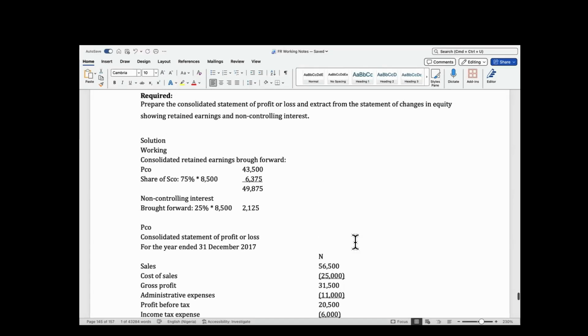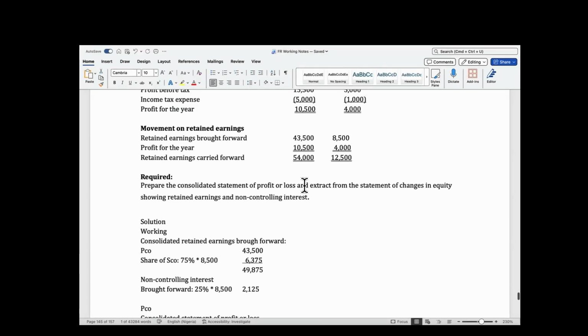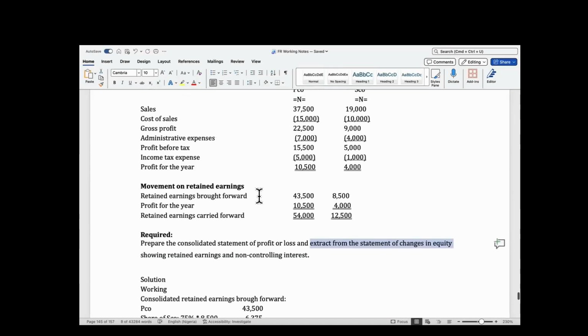The question did not stop there. He also wanted us to do an extract of statement of changes in equity, showing retained earnings and NCI. Now, the only item of changes in equity we have here is retained earnings. So I was given retained earnings brought forward, profit for the year and retained earnings carried forward.